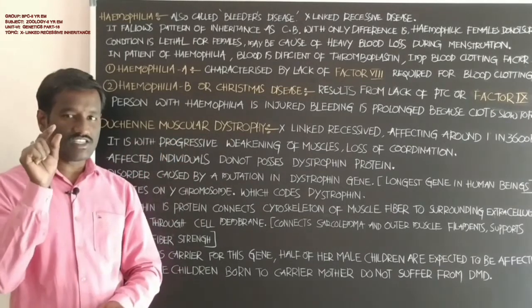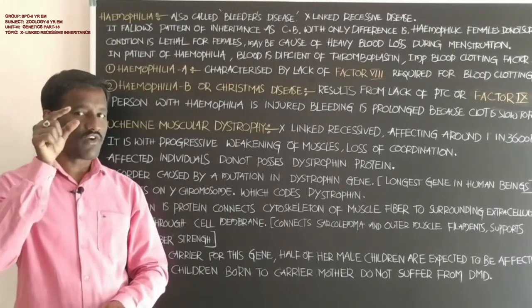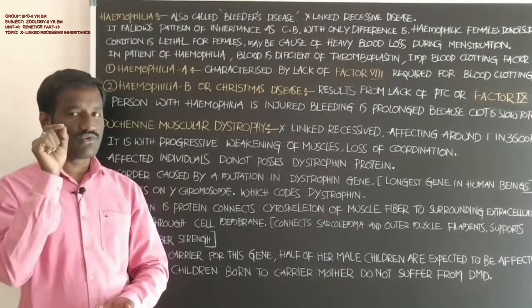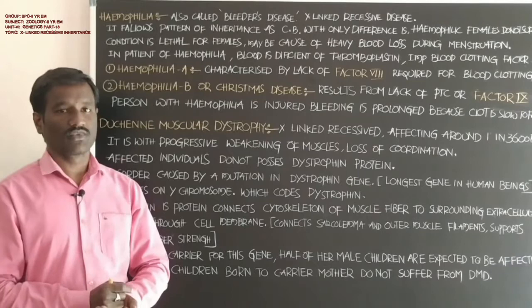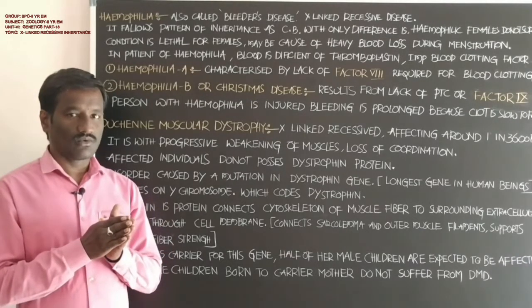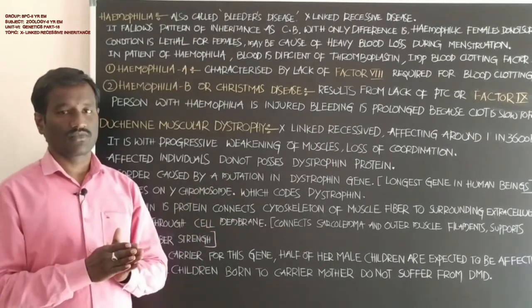One gene is responsible for coding the formation of the dystrophin protein. Dystrophin is the protein present in muscle tissue. It helps strengthen the muscle fiber.